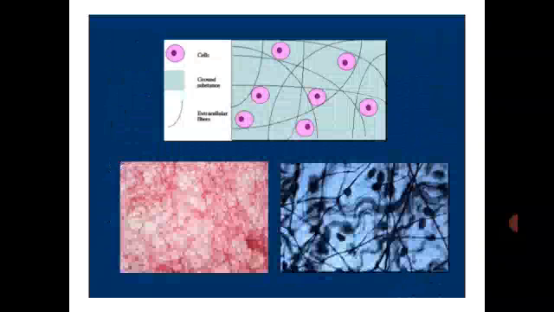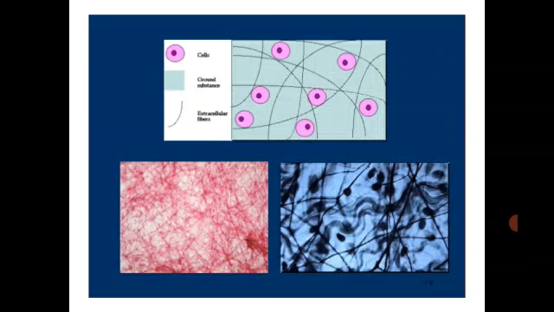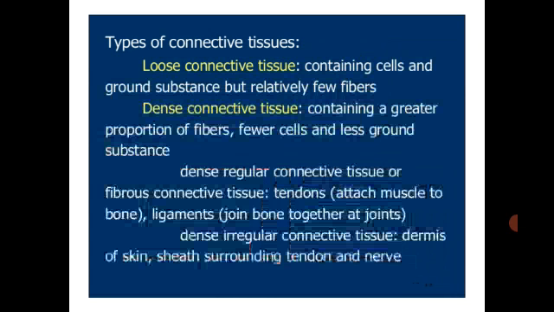Here you may see different types of tissues. First one is cartilage tissue, and then blood tissue, bones. We have discussed the types of connective tissues, that is loose connective tissue and dense connective tissue.